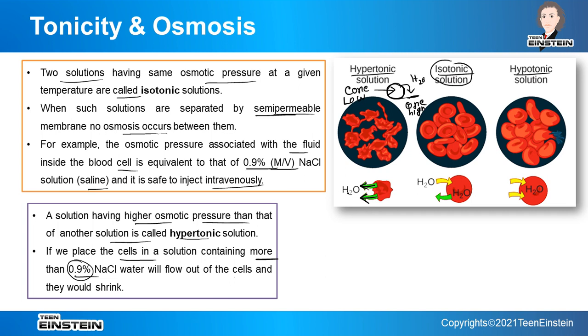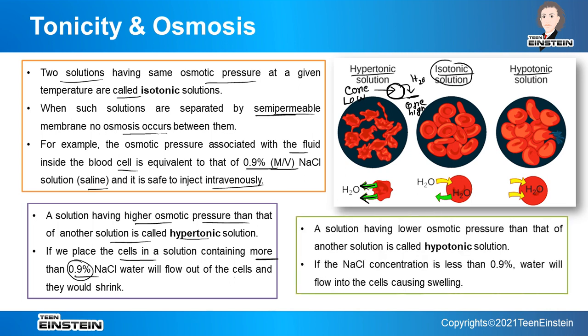And the opposite process: now we are keeping the cells in a low concentration solution. So what will happen now? A solution having lower osmotic pressure than that of another solution is known as hypotonic.